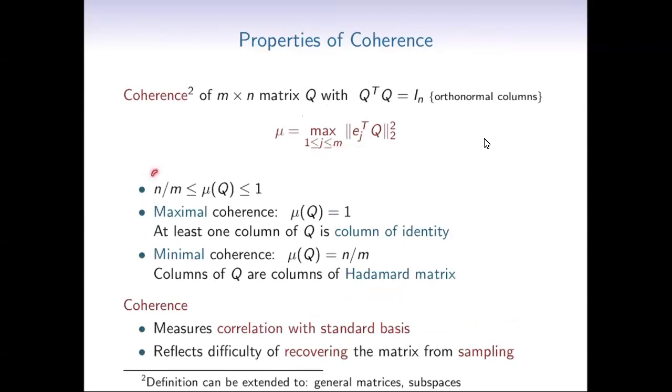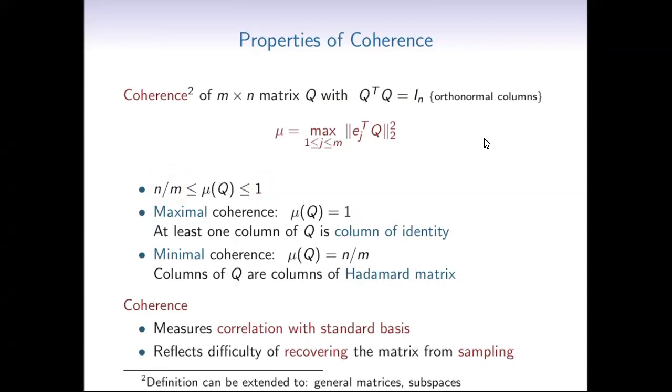Its lower bound is the aspect ratio of the dimensions. Its upper bound is 1. Maximal coherence is a matrix that has at least one row of the identity; the mass is concentrated in a single element. Minimal coherence comes, say, from the columns of a Hadamard matrix, where the mass is totally uniformly distributed.